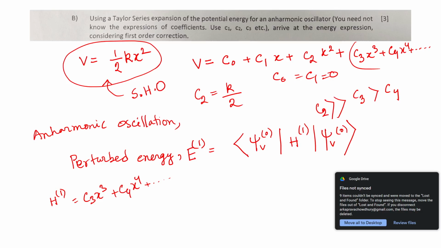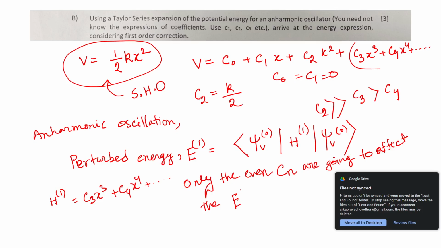See, only the even Cns are going to survive. If it is C3, C5, C7, those are going to become zero.